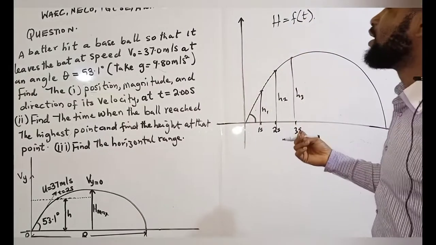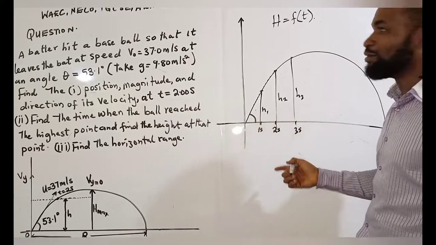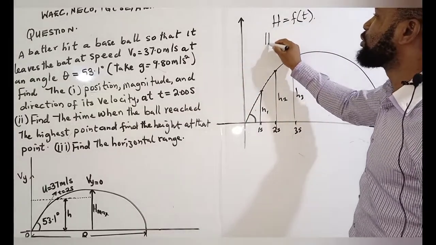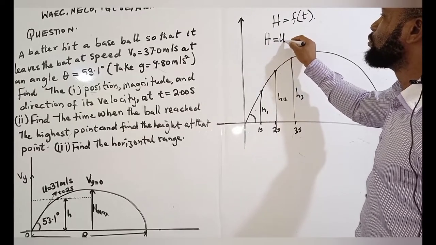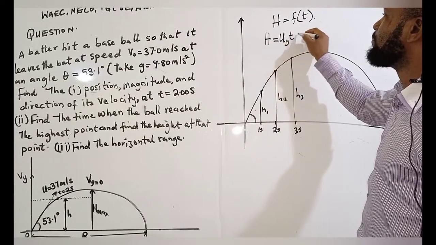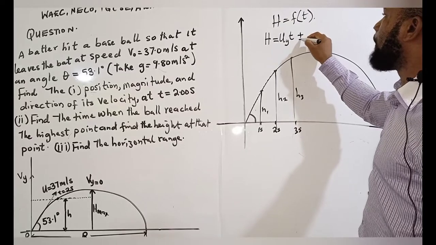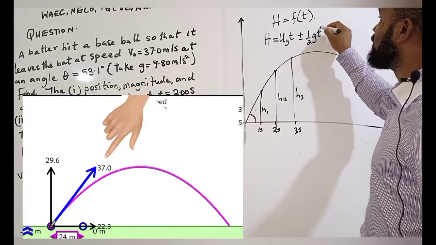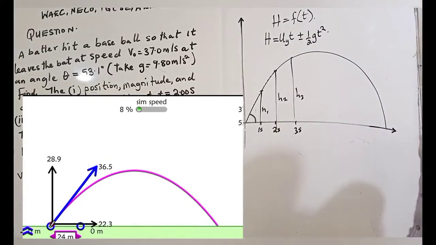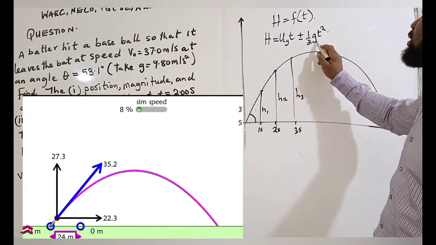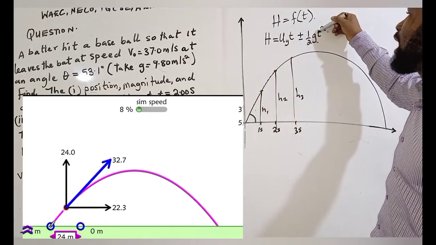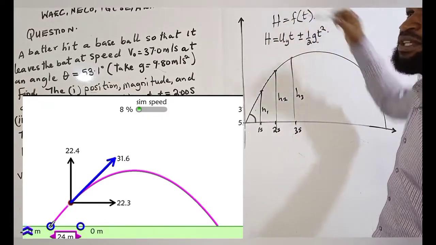Now, which of these equations of motion deals with height as a function of time? It is h equal to uy t minus or plus half g t squared. So you see, height is a function of time and speed.